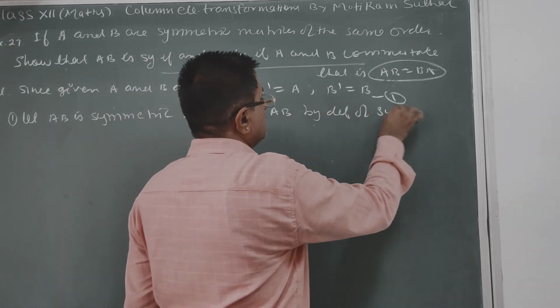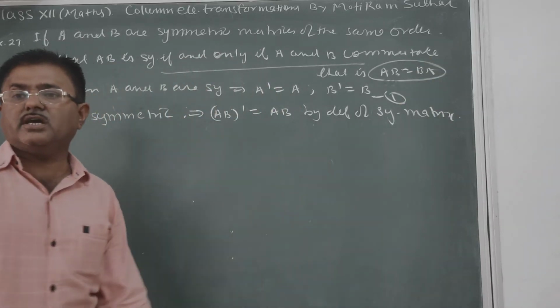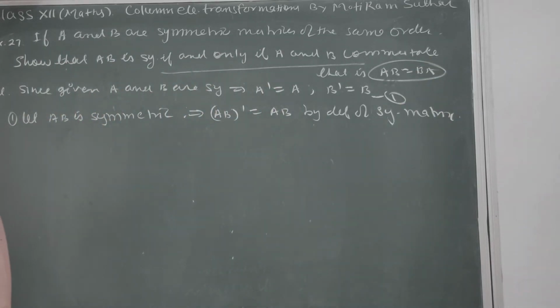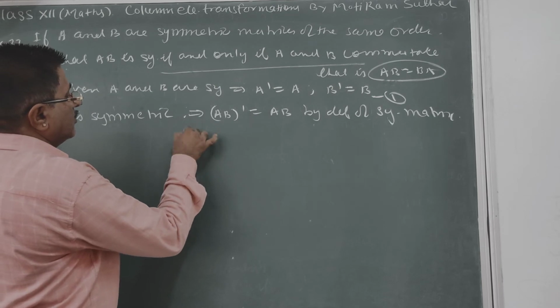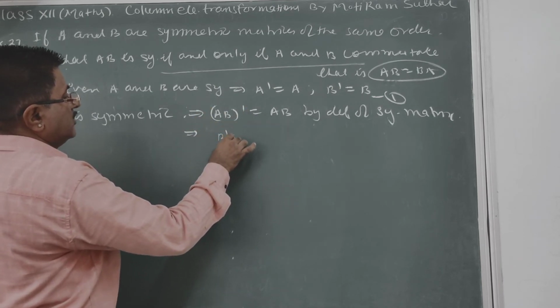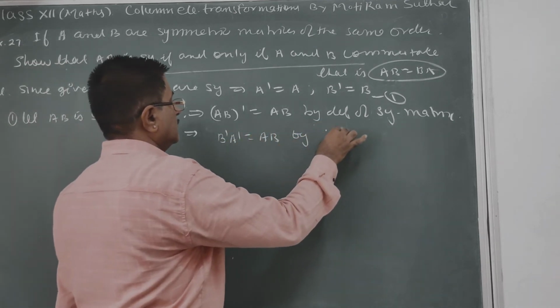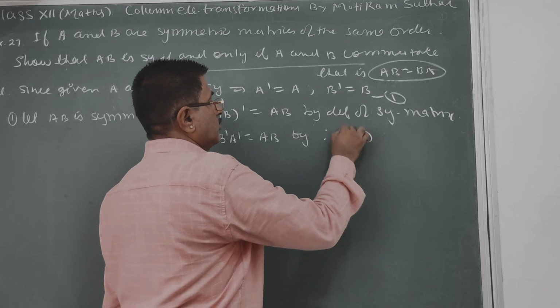of symmetric matrix. सिमेट्रिक मैट्रिक्स की डेफिनेशन के अनुसार क्या आना चाहिए, AB whole transpose should be equal to AB, but we have a rule. What is the formula for AB whole transpose?